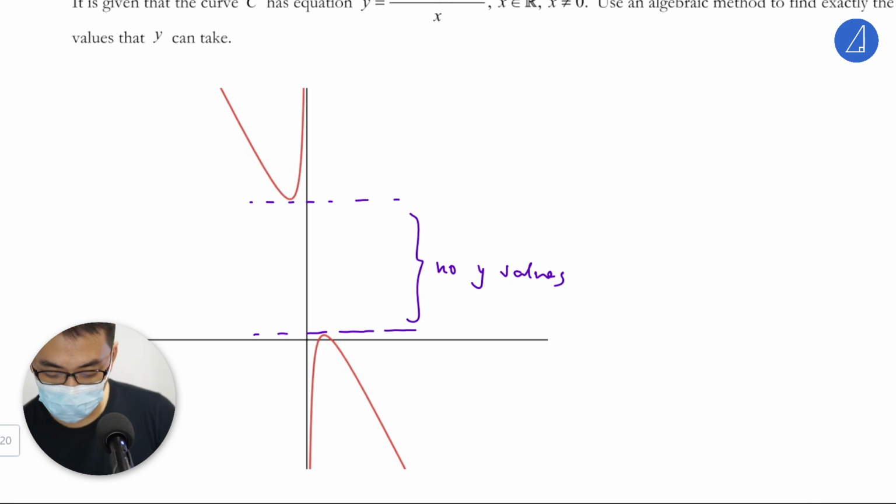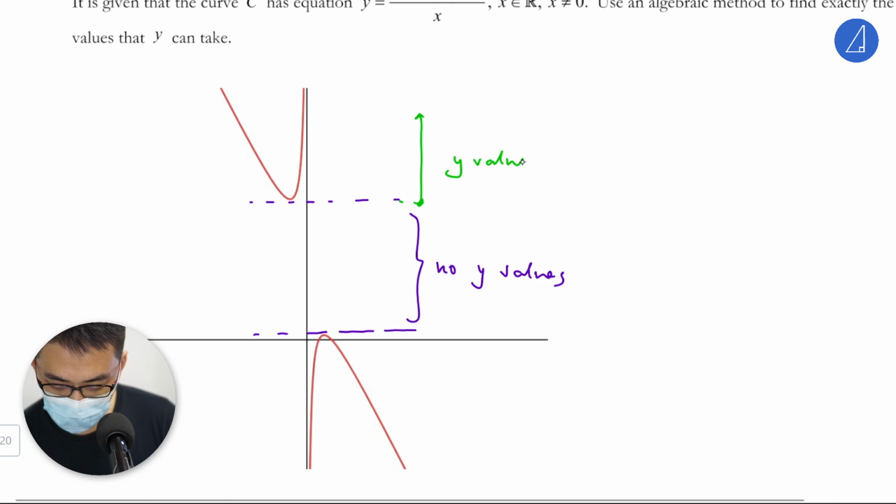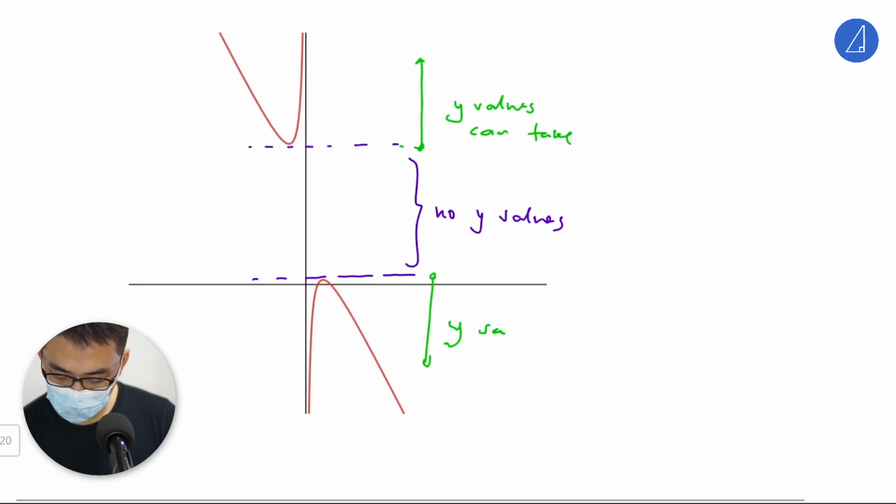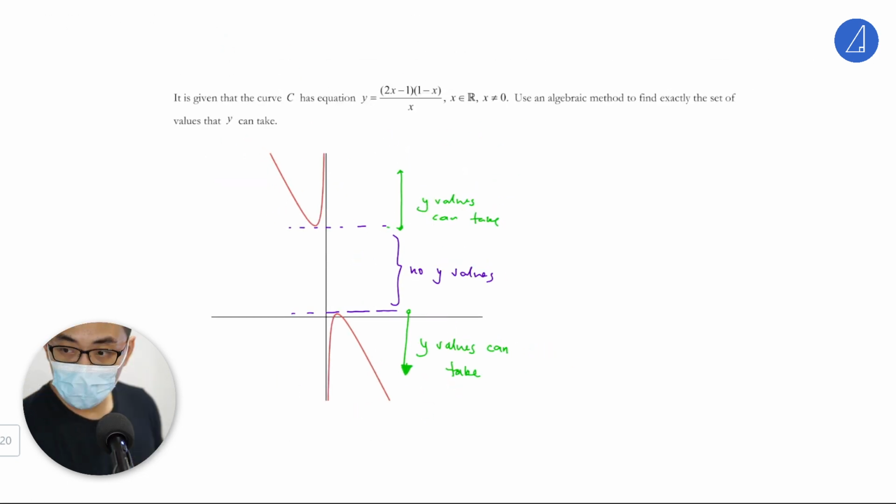Essentially what we want to find is what y values can take. Okay, any issue there?